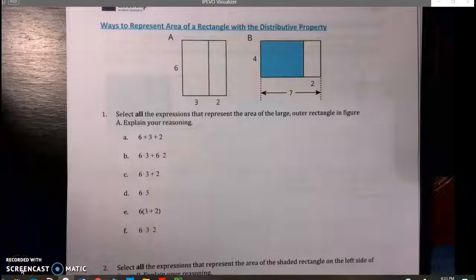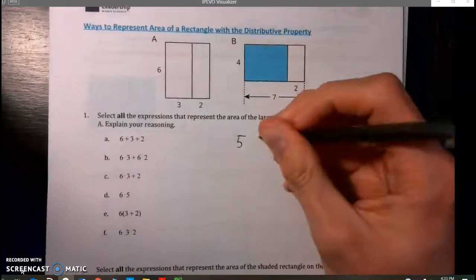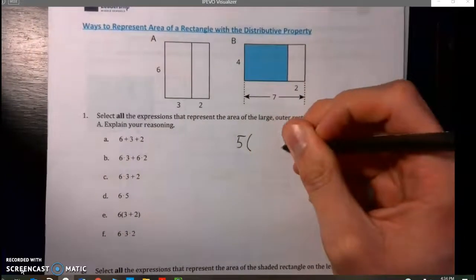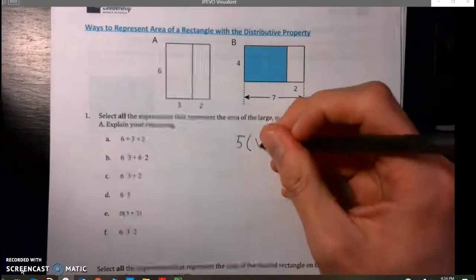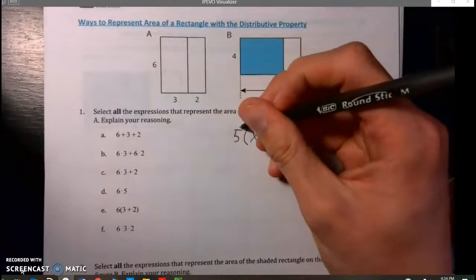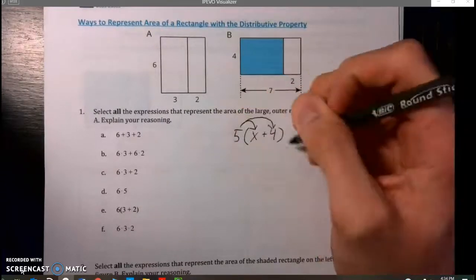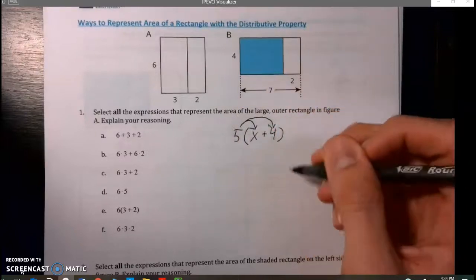All right, so the focus of our lesson today is the distributive property. The distributive property is a multiplication type property that states that if you have a factor outside of the parentheses, and multiple numbers inside, you must distribute the factor outside and multiply that number by everything inside of the parentheses.